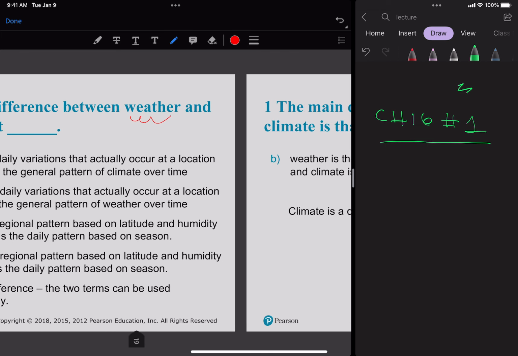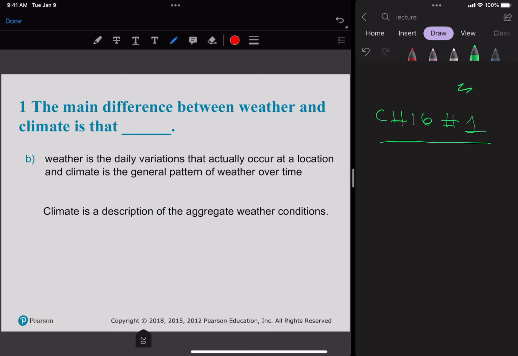Okay, so let's see the answer. For chapter 16, number 1, weather are daily variations in the atmosphere.